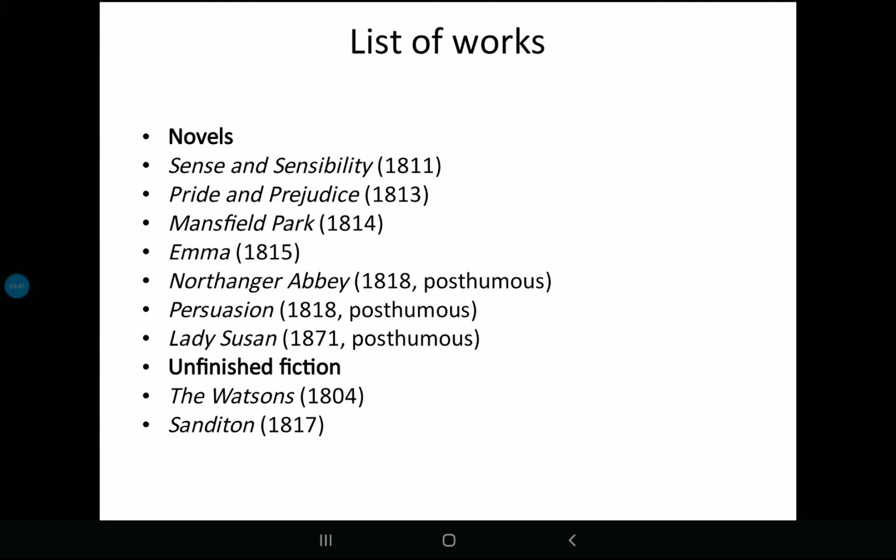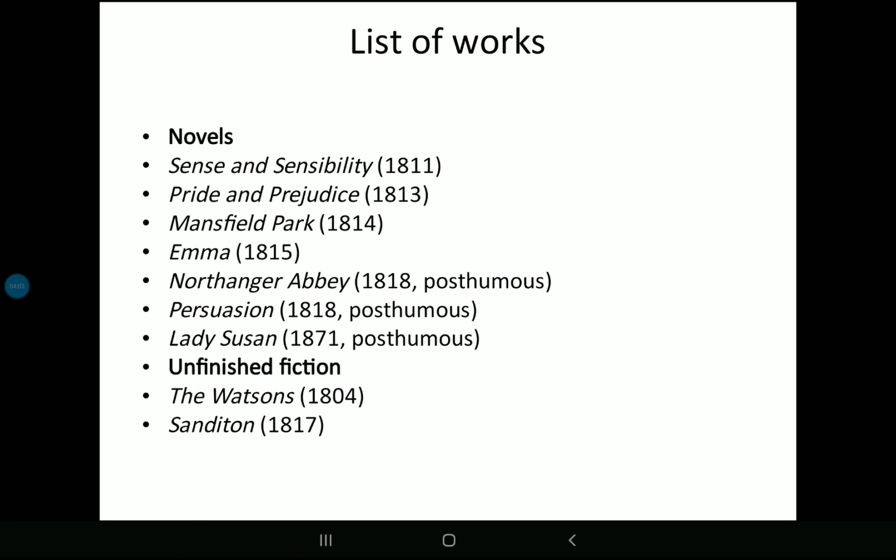You can see that some of the novels have been marked posthumous. It was actually published in the year 1818. You can see Northanger Abbey, Persuasion, and Lady Susan. So these three novels were published after her death.